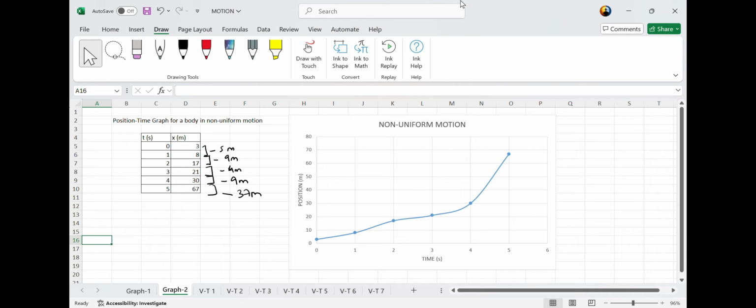So let's consider a case of obtaining velocity from a position time graph, because we've learned that the rate of change of position, or displacement rather, is defined as velocity. So we've understood how we can obtain velocity numerically from displacement.